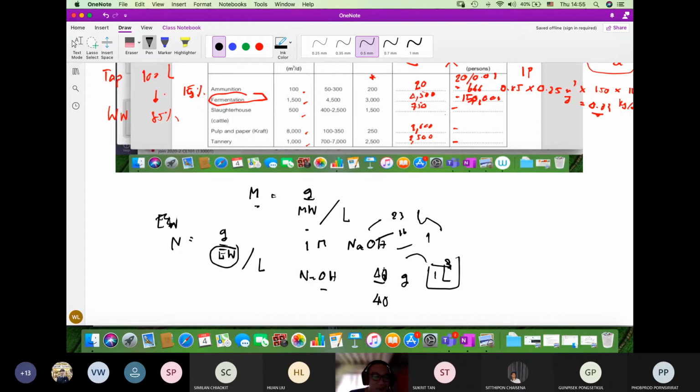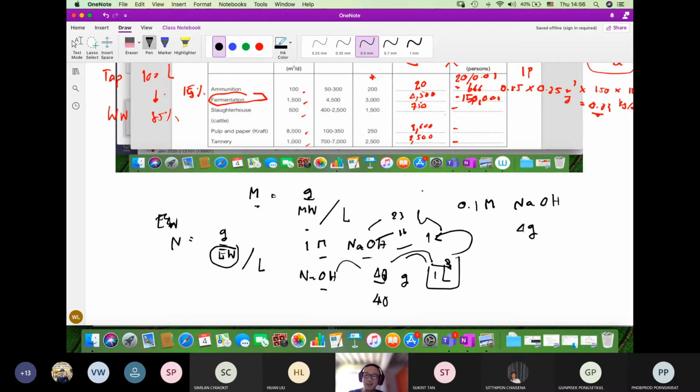So you have to weigh 40 grams of sodium hydroxide and dissolve it in 1 liter of distilled water. Only then will you get a solution containing 1 molar of sodium hydroxide. What about 0.1 molar? You have to weigh 4 grams, right?